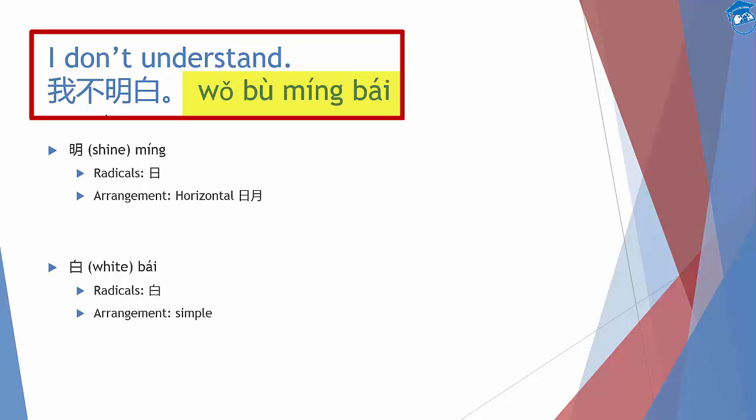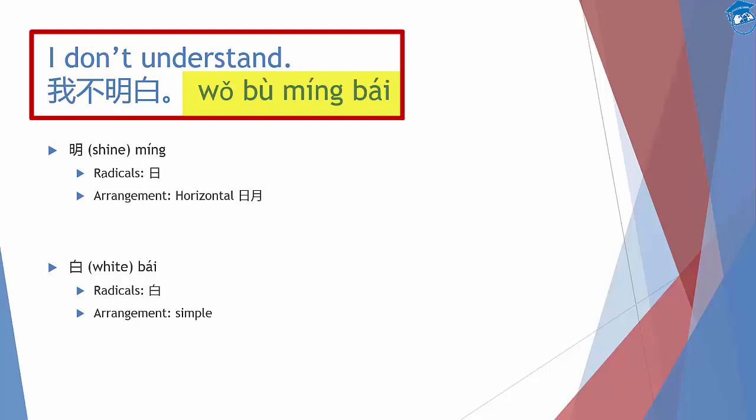So 明白 means understand. When you break it down, 明 here means shine, because as you can see it is made out of the sun and the moon, if you can remember. You can imagine when the sun and the moon are together, they shine.